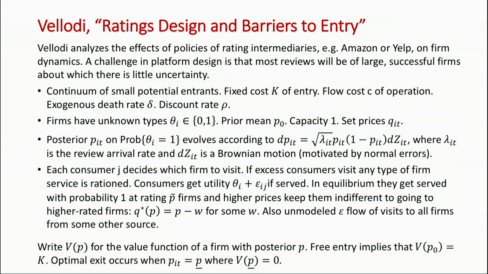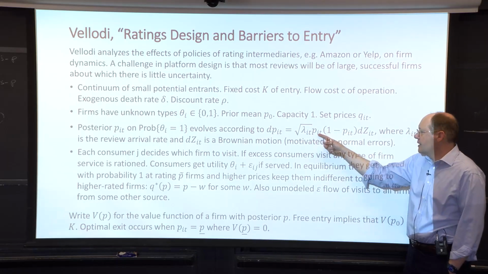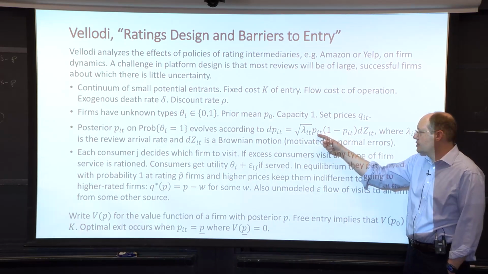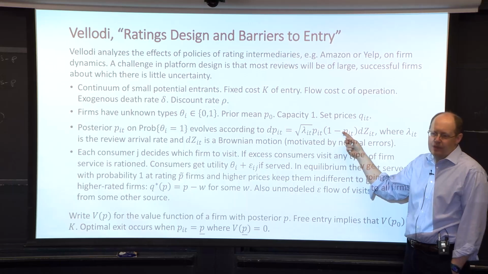But you can roughly think of this as lambda_it being the review arrival rate, and each of these is like a normal signal. And so if it's a normal signal, I'm going to get information that pushes me either to the right or left. And since I have a Bernoulli quality, the variance of my distribution is just p_it (1 minus p_it), if it's Bernoulli with probability p.